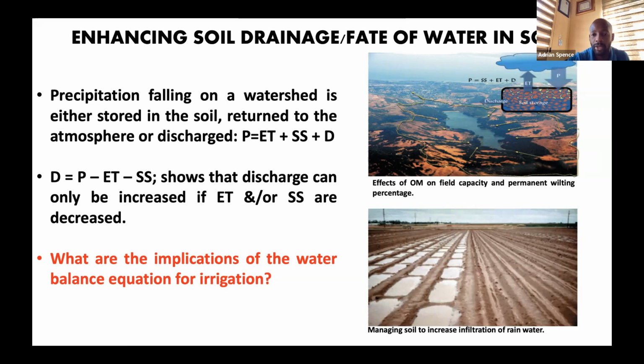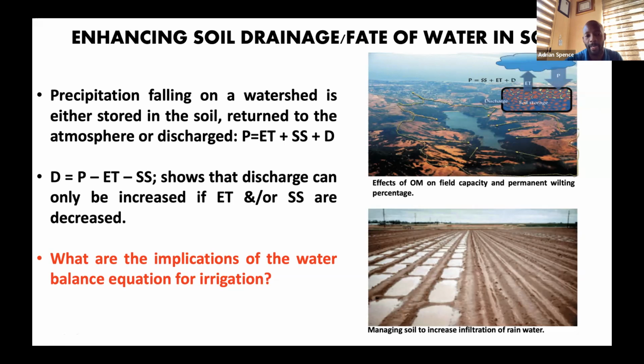So drainage can occur in two forms. You have runoff or you have your percolation. You're also losing water through evapotranspiration. Now, the storage, depending on the amount of rain, would go through several phases, as we indicated earlier, where you have your loss of gravitational water down to your field capacity.